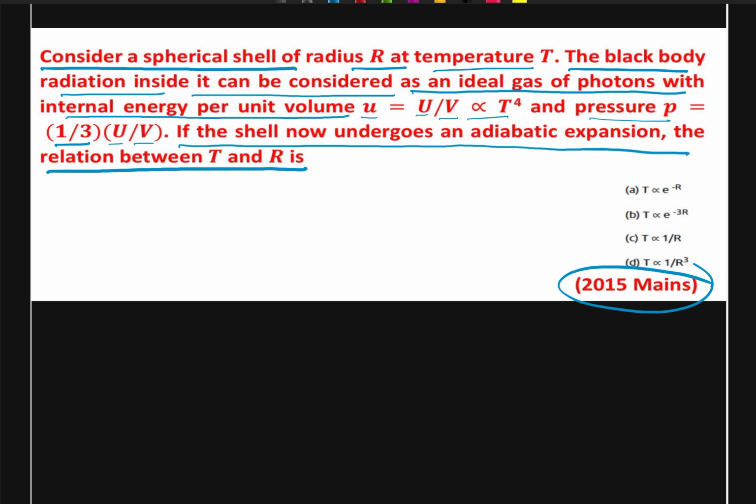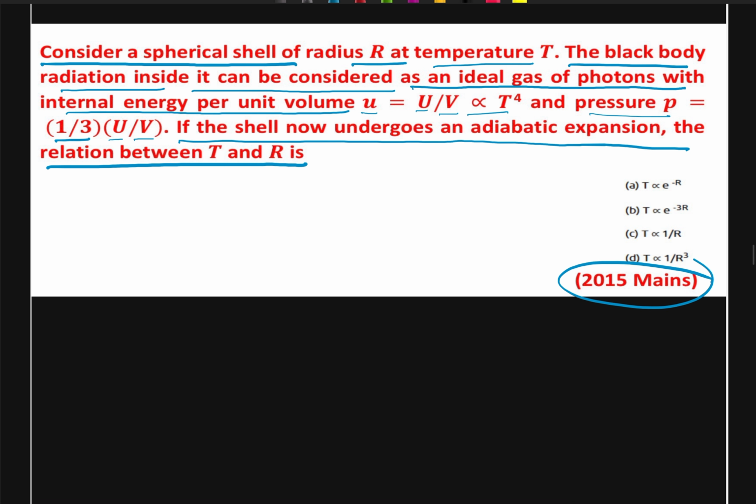So we are given that internal energy per unit volume, small u, is capital U upon V, which is proportional to T raised to power 4, and pressure P is given as 1 upon 3 U upon V, which we can say is 1 upon 3 times small u.